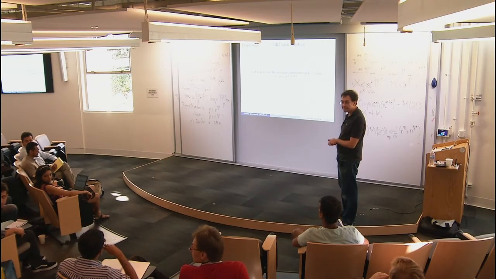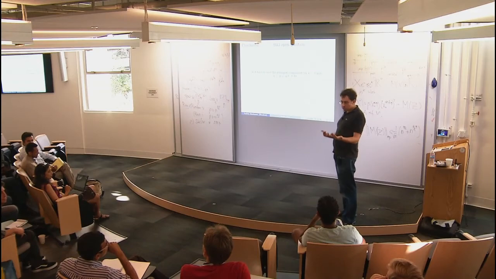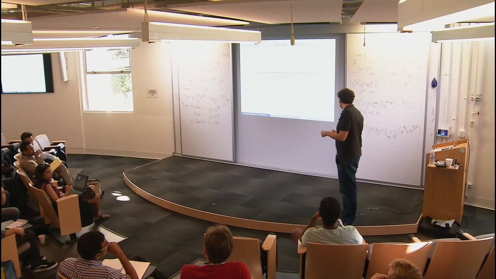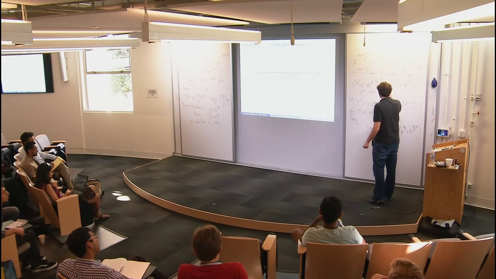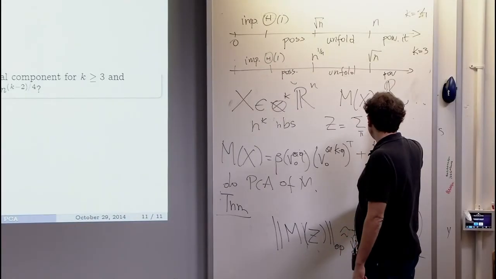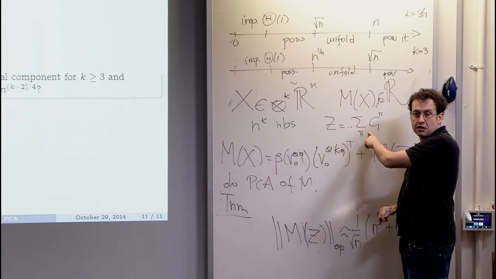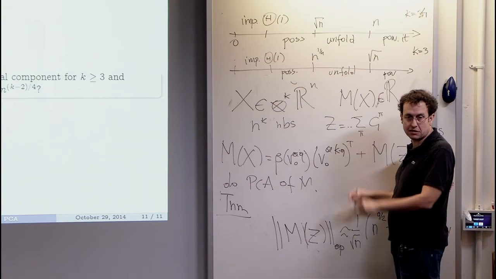What was your normalization or assumption on the diagonal? By diagonal, I mean even if two entries are the same. The truth is that it doesn't matter because there are many fewer entries there. The way we set it is such that it's rotationally invariant. One way to guarantee that is you take Z to be the sum over all permutations in the symmetric group of G pi, modulo some normalization, where G is a tensor with iid entries, asymmetric.